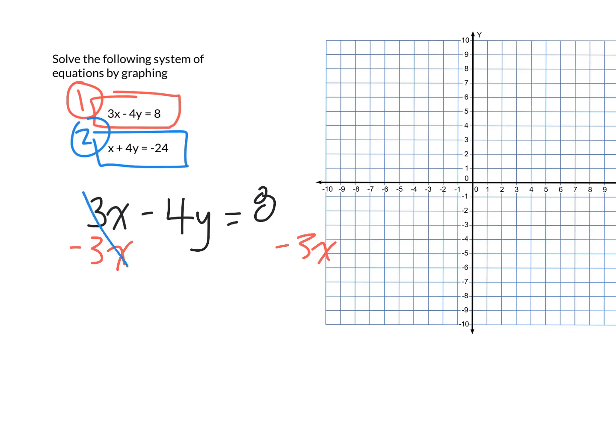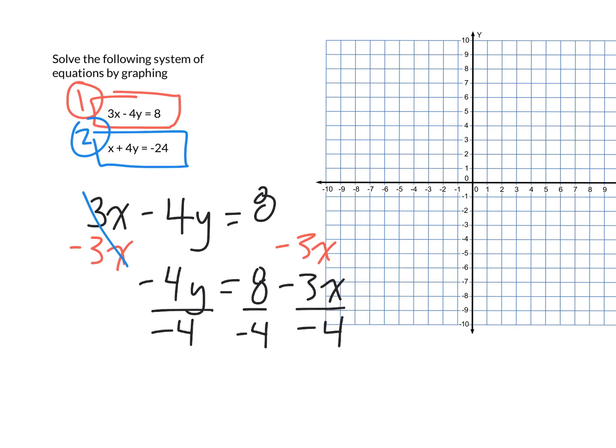Those two cancel out, so now I'm left with negative 4y equals 8 minus 3x. I then divide by negative 4, and y equals 8 divided by negative 4, which is negative 2.